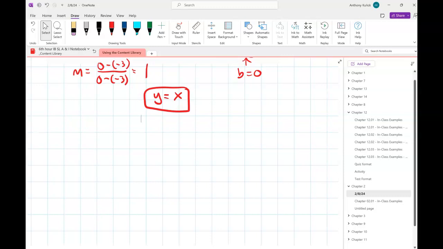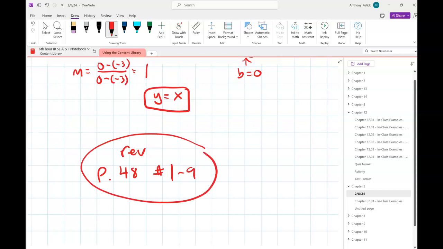If you'd like to practice other parts of things, go back and feel free to do more homework. That's the only thing I'm going to ask you to do, is the review. So that's on page 48. I got 4 pages. And it's 1 through 9. Is that due this Sunday?